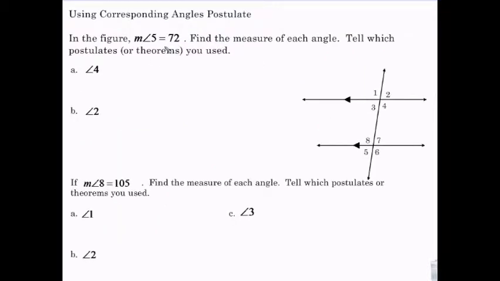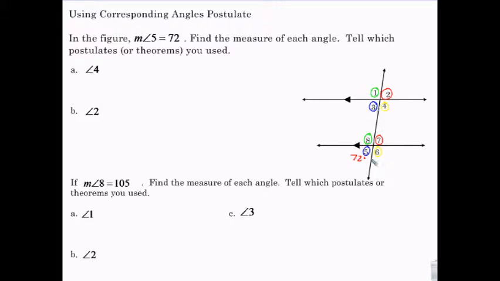Use this postulate if the measure of angle 5 is 72. So 5 is right here and it's 72 degrees. What I usually do is I go through and use color to identify corresponding angles. I do have markers on the shelf down there if you want to use them. I find personally color to be very helpful in this chapter, but that's me.